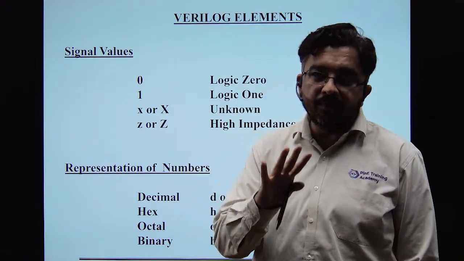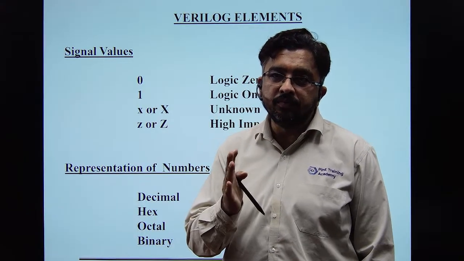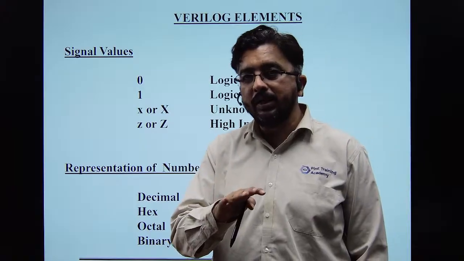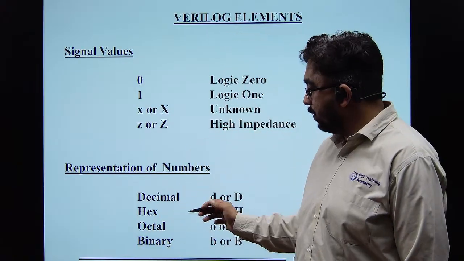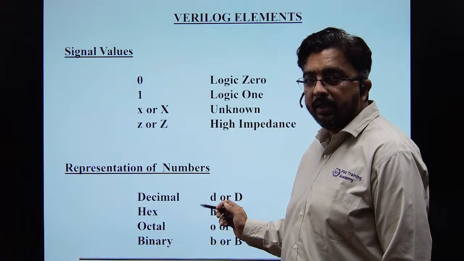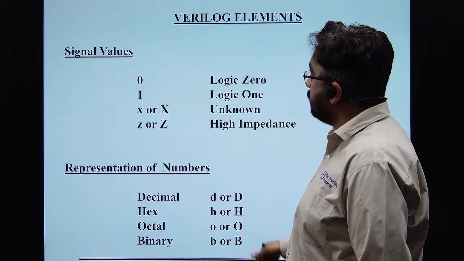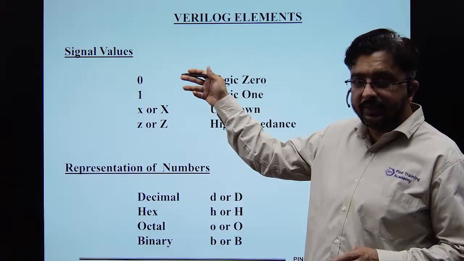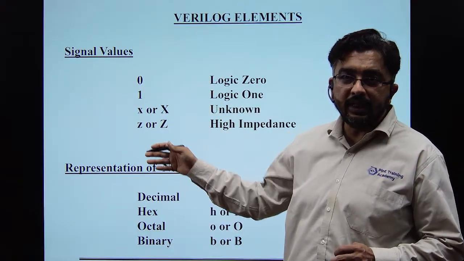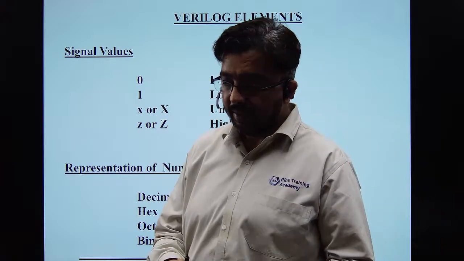These four keywords work as both capital and small letters, lowercase and uppercase. If somewhere you are calling small d or capital D along with some syntax, it is going to work. So another element in Verilog is signal values 0, 1, X and Z, and then the representation of numbers.